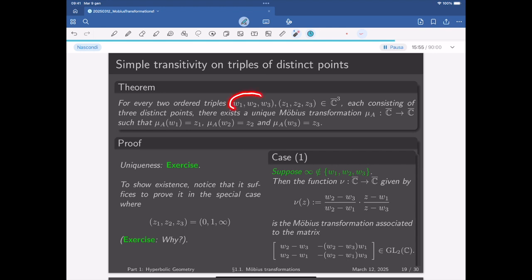If you give me two ordered triples of distinct points in C bar, ordered and distinct, this means that the W's are distinct among themselves and the Z's are distinct among themselves, but of course, there could be some Z which is equal to some W. That's completely allowed. And then there is a unique Möbius transformation taking first to first, second to second, third to third.